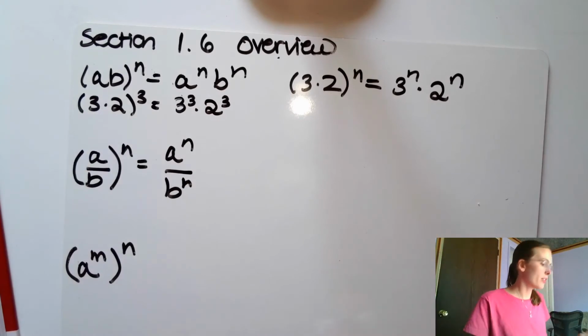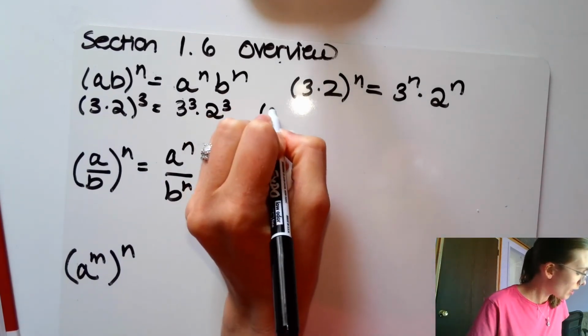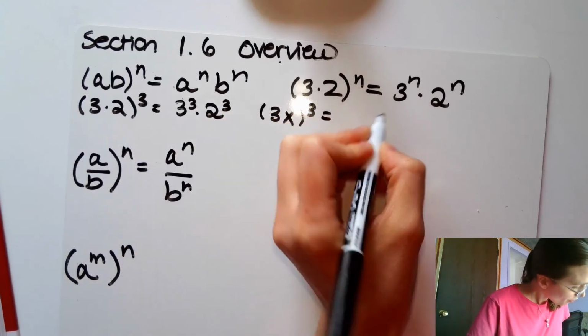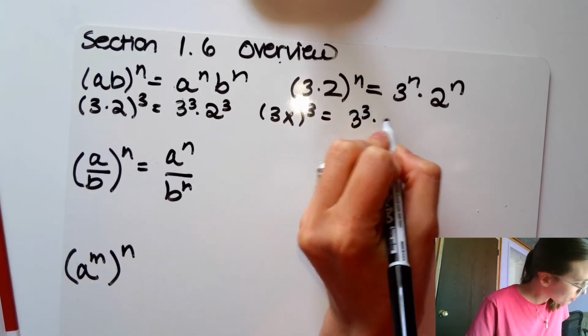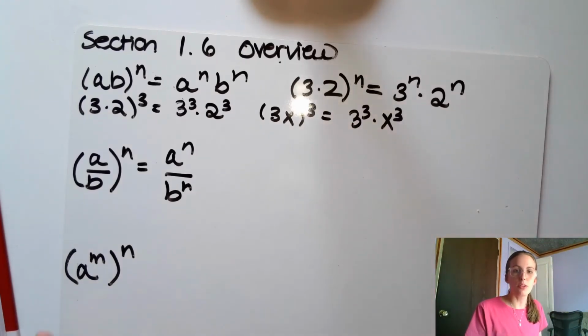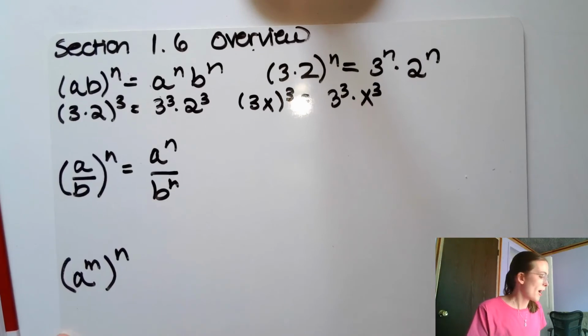And if you have 3x cubed, that'll be 3 cubed times x cubed. Those are some examples of when you need to use that rule.